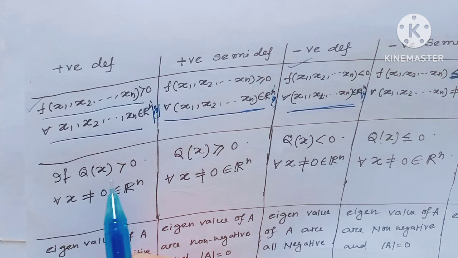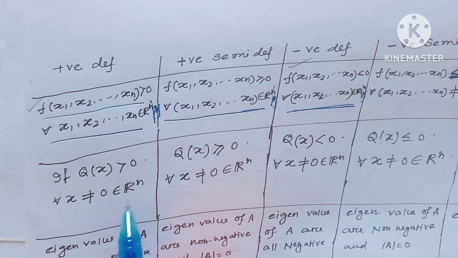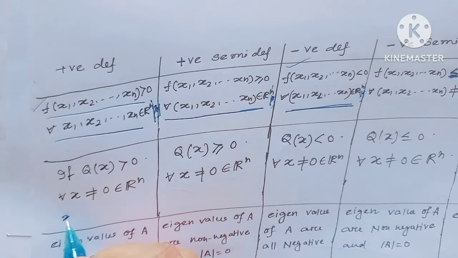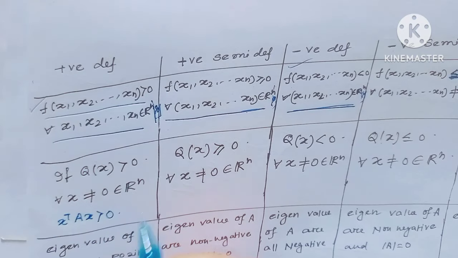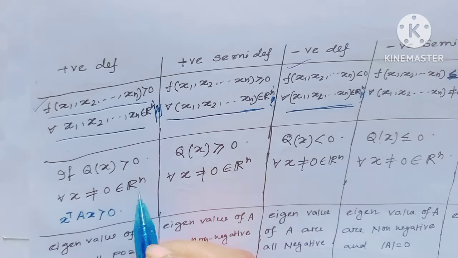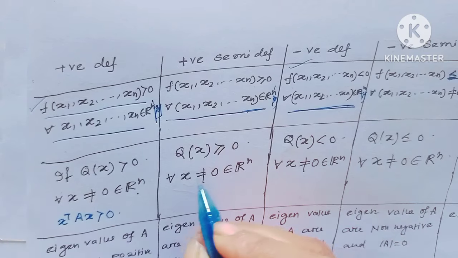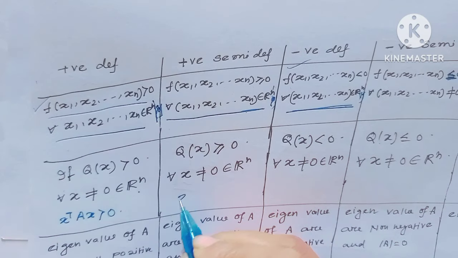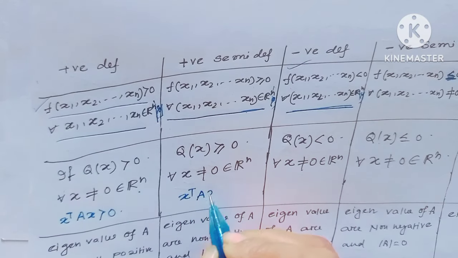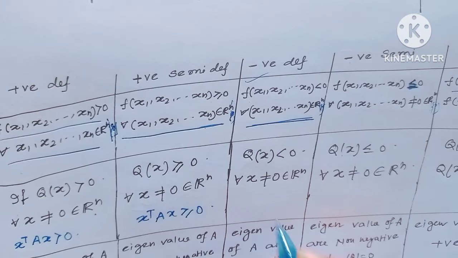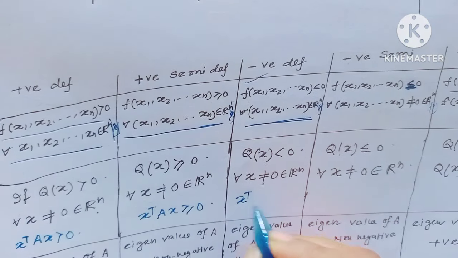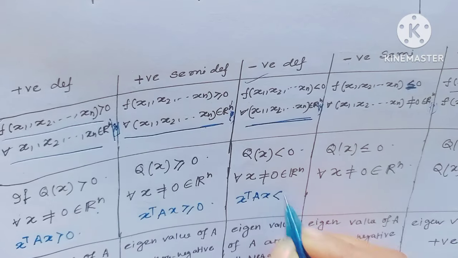Another form: if Q(x) is strictly greater than 0 for all non-zero x, that means x transpose Ax is strictly greater than 0 for all non-zero x belonging to X. Positive semi-definite means x transpose Ax is greater than or equal to 0. Negative definite means x transpose Ax is strictly less than 0.